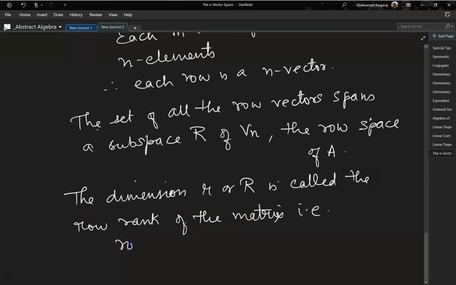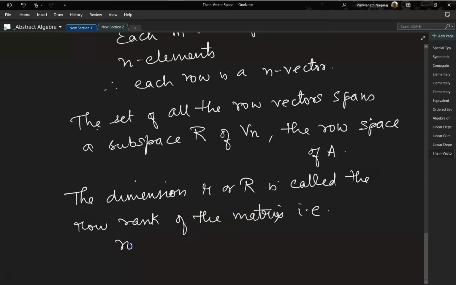Now column rank of a matrix. So let A is equal to Aij of order m by n. Now here each column of A contains m elements. Yes. So therefore we can say each column is an m vector.